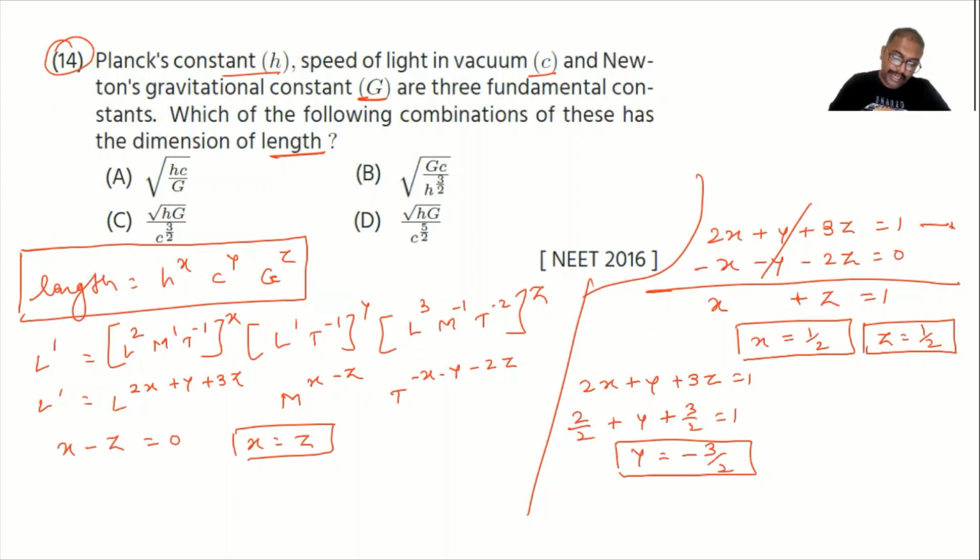The formula is equal to H raised to X, meaning 1 by 2, C raised to Y, meaning minus 3 by 2, or 1 upon C raised to 3 by 2, and G raised to Z, G raised to 1 by 2.